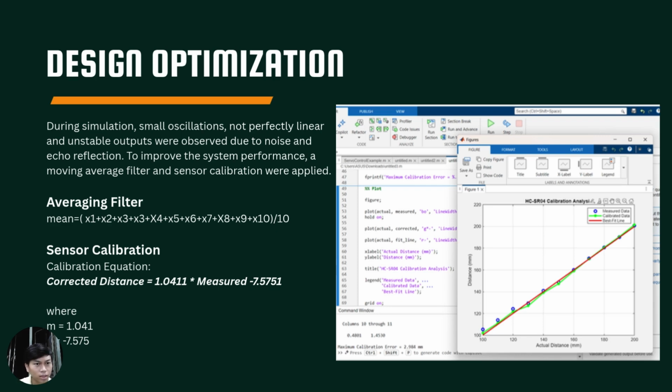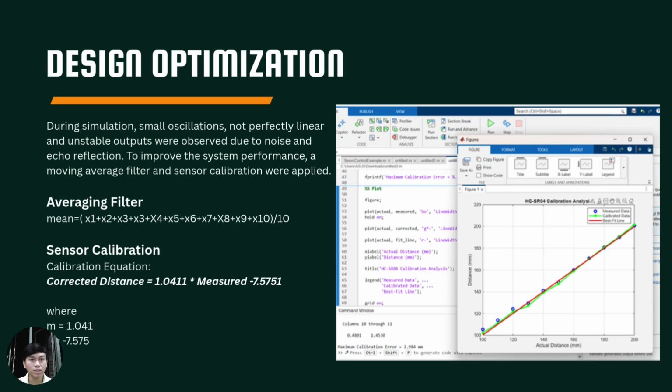Basically we use two techniques. The first technique is an averaging filter. We measure 10 times and divide by 10, so we get the average measurement data. And the second one is sensor calibration.